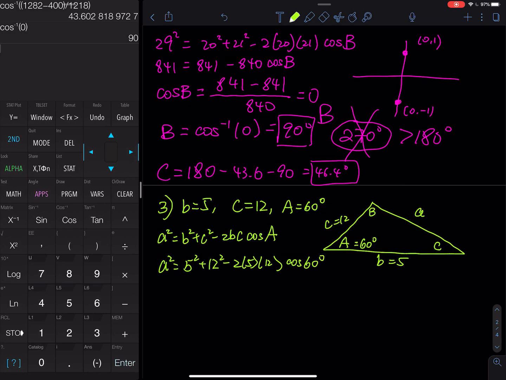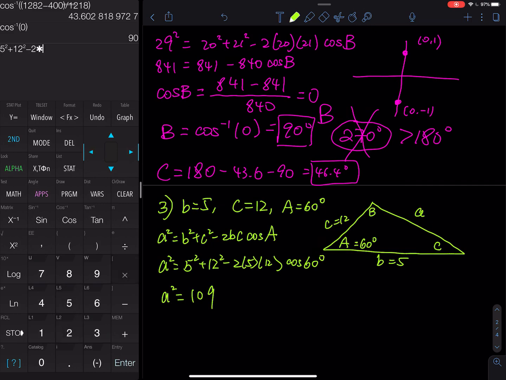So this we can do everything at once. So a squared is equal to 109. I know you want to see how I do it. So we have 5 squared plus 12 squared. There is a quick square key on the left side of the comma key, and then minus 2 times 5 times 12, right? So that is 10 times 12. That means you are subtracting, just type it out.